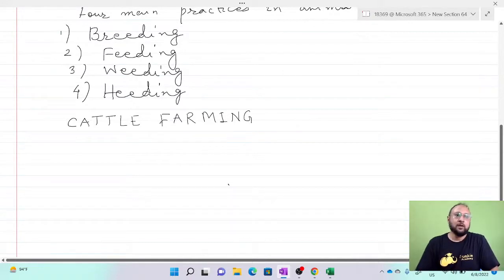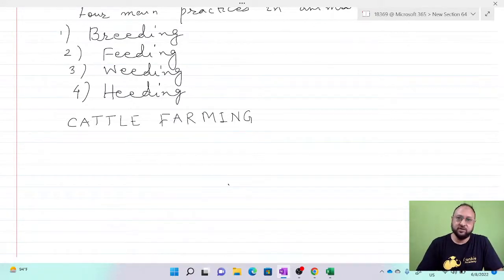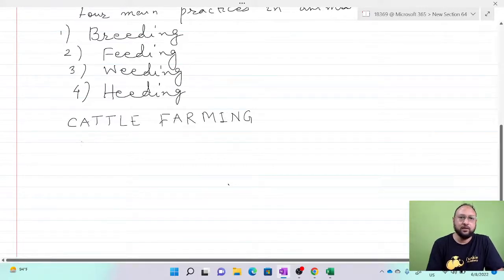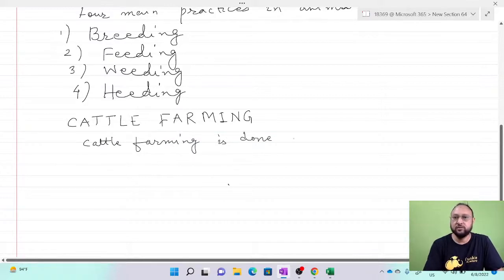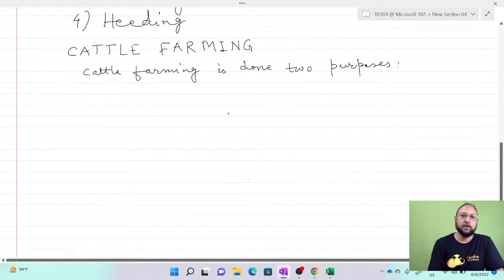Cattle farming is done for two purposes: the dairy animals and draught animals. Number one is the dairy animals.